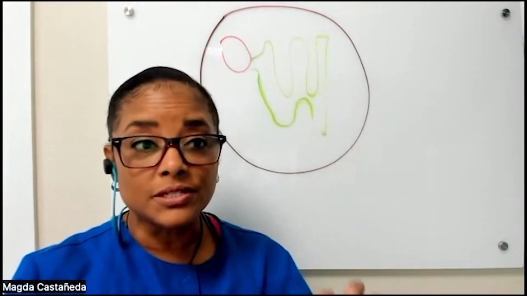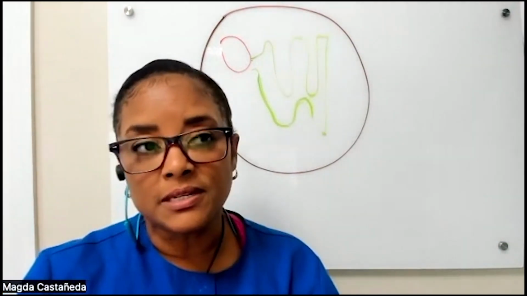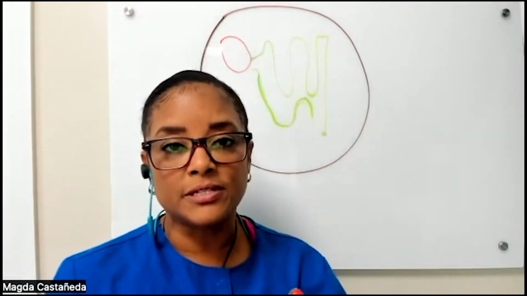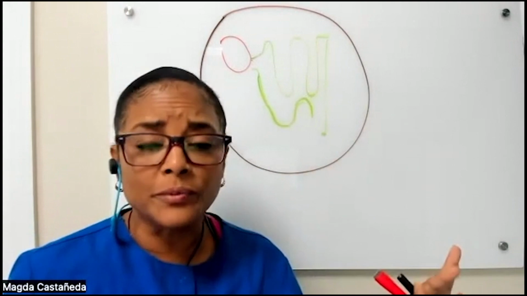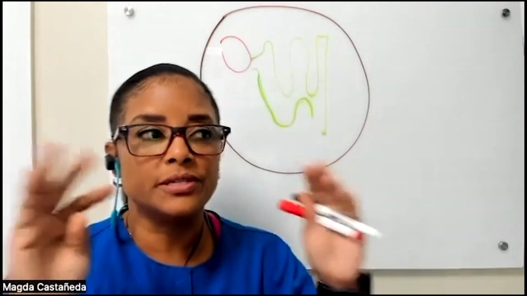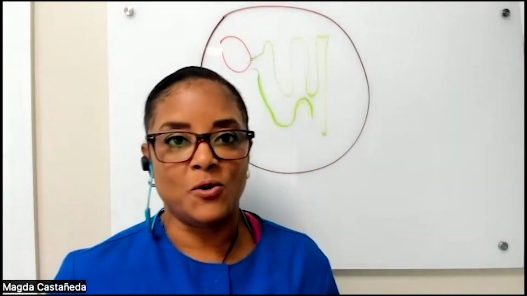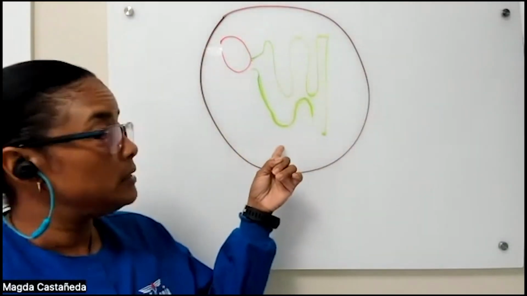Okay, so this is specifically for them. And the reason is this. Let's try to make sense of all this, because if you understand this well, you will be able to explain this to others, and you will be able to take better care of your patients.